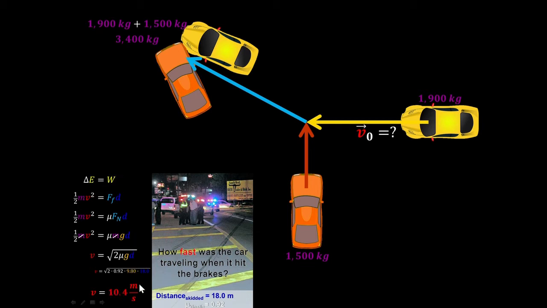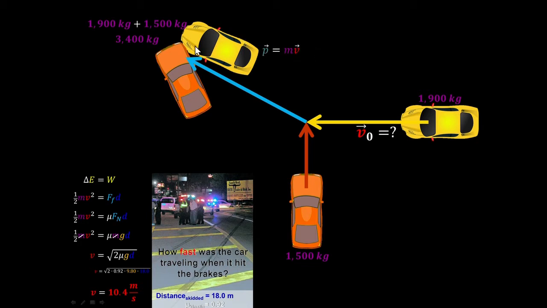So let's say we did that, and we found that these two cars together, because of the skid marks, must have been traveling 10.4 meters per second right after they collided. And then as they skidded to a stop, that kinetic energy was transformed into something else because of the work done by the skid marks, the friction.